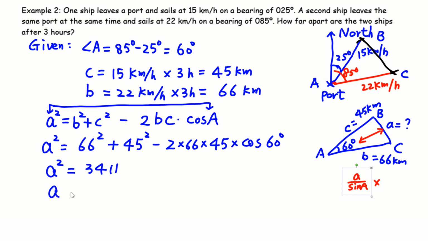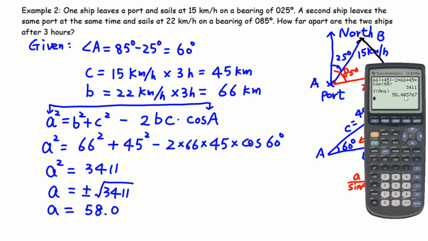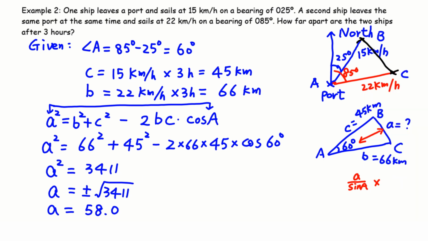So A equals square root, positive negative, then A equals 58. If we keep two decimal places, it will be 58.40. The next digit is 3, less than 5, so we round off, so 58.40 kilometers.